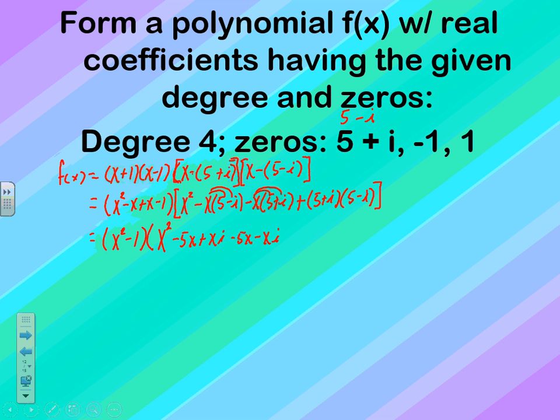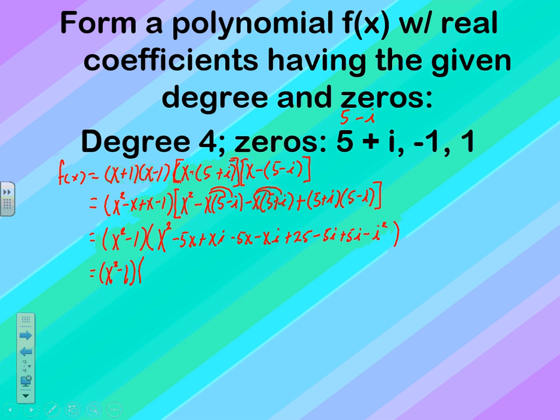And then FOIL these 2 terms together, and I will get plus 25 minus 5i plus 5i minus i squared. So x squared minus 1 isn't doing anything yet.